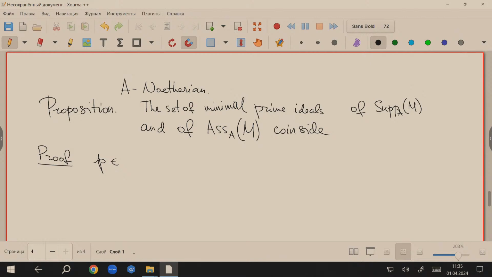Notice that components are ideals that contain I and are of maximal dimension.